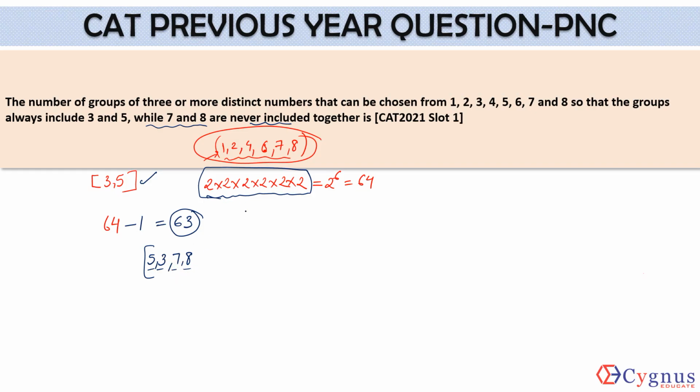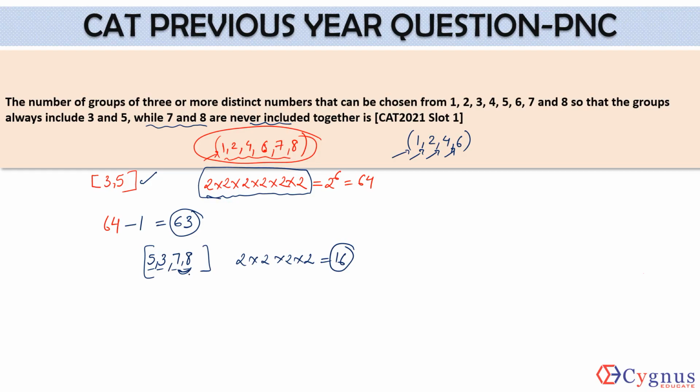Still, you're left with four more digits: 1, 2, 4, and 6. These four digits can be selected or rejected in 2 into 2 into 2 into 2 ways. That gives you 16. That means 16 times you'll select 7 and 8 both.